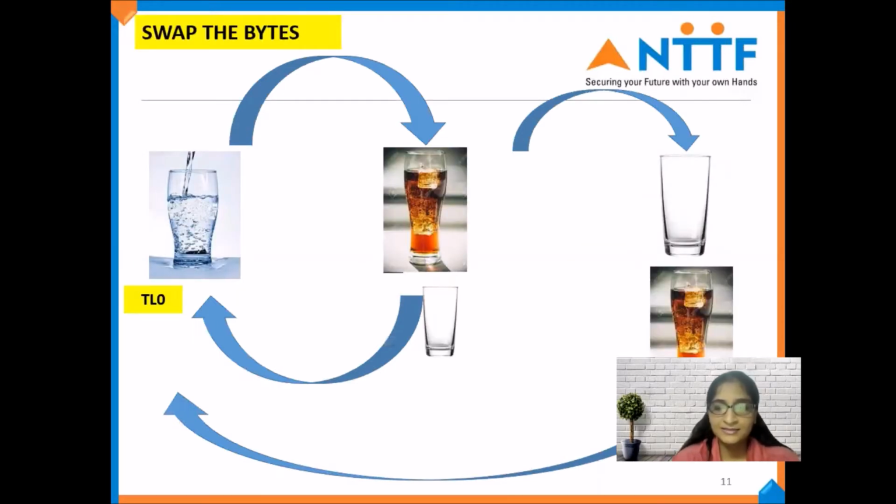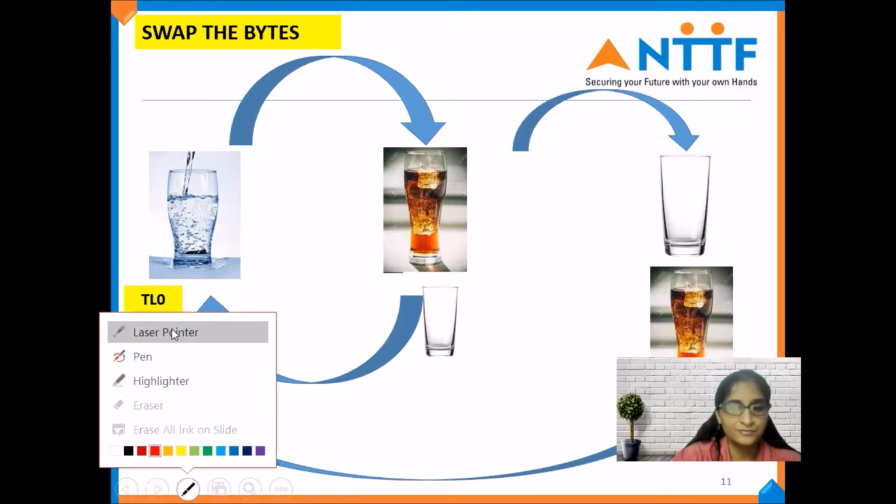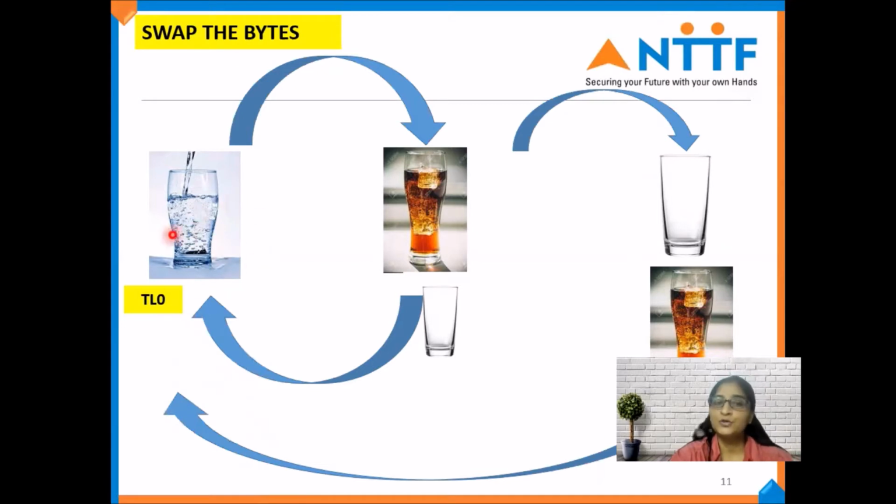I'll take a pointer so this will be clearly visible. This is acting as TL0 and this is your TH0. And the empty glass we have taken to solve our problem is like your accumulator, right?